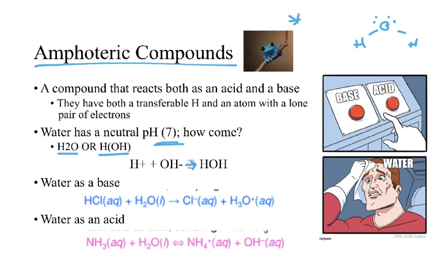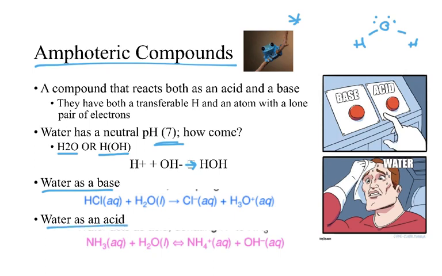Okay, so when water behaves as a base, we said that bases accept hydrogens. So when water is reacting with HCl, it is behaving as a base. Hydrochloric acid is giving its hydrogen away, and water is there to pick it up.